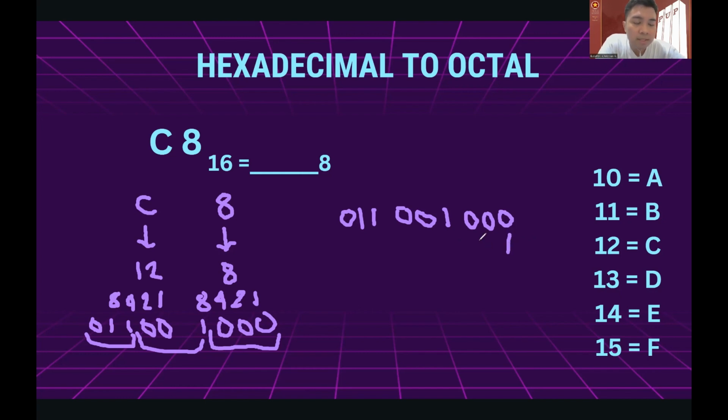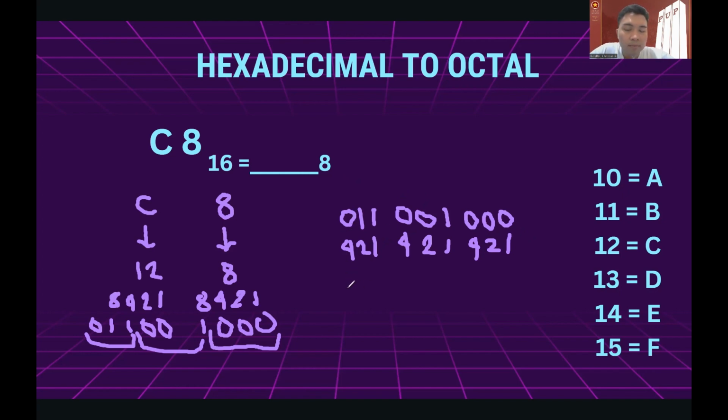So 1, 2, and 4. 1, 2, and 4. 1, 2, and 4. 4, 2, 1. And right after, we will just multiply.